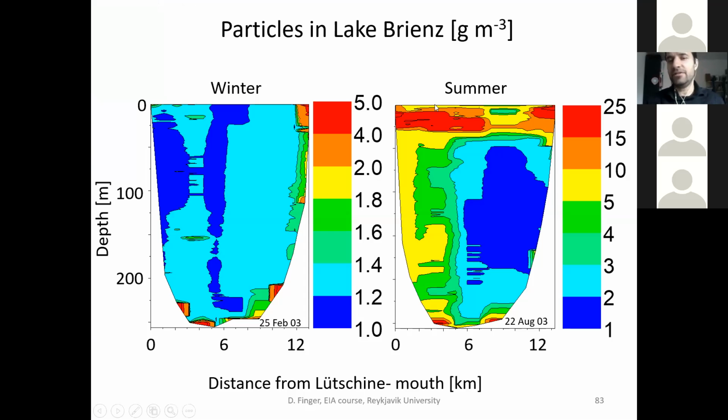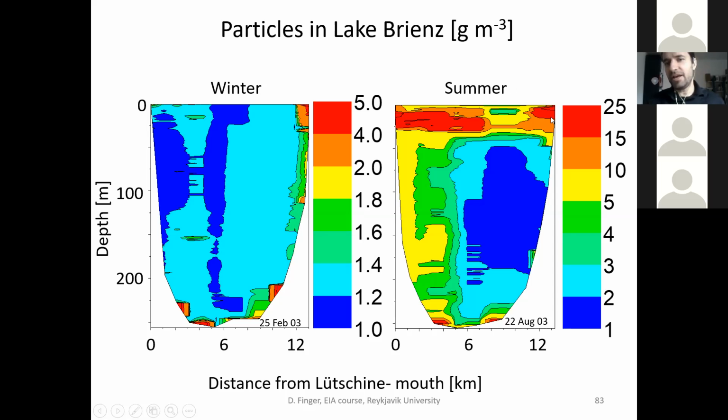So we looked at the turbidity in the lake. This is a cross section of Lake Brienz, the lake where the fishermen are concerned that turbid water impacts fishing yields. And we assessed the situation for winter and summer, and we found out that in wintertime, the lake clears up, but it's still pretty turbid, usually turbidity stays above 1.4 milligrams per liter, or grams per cubic meter of water.